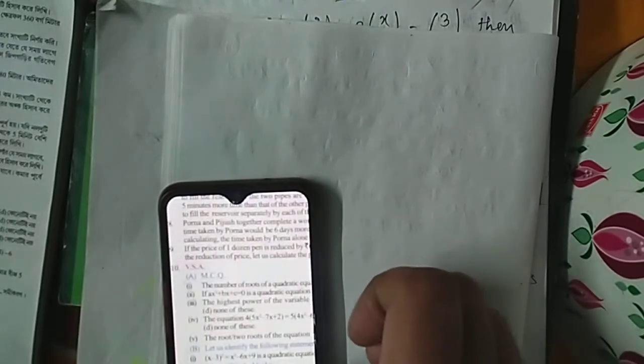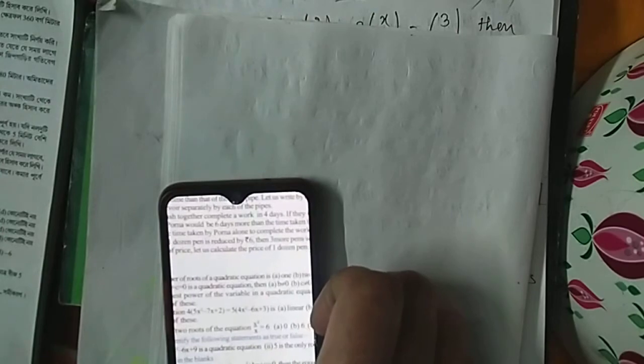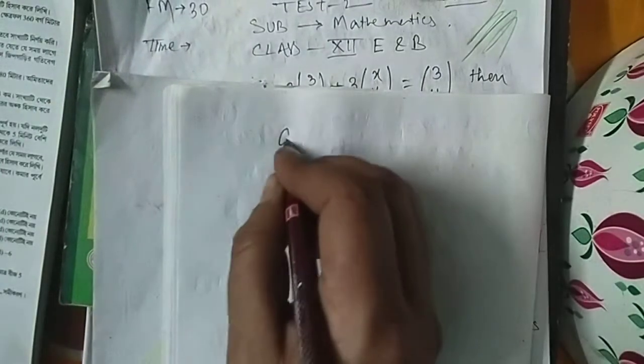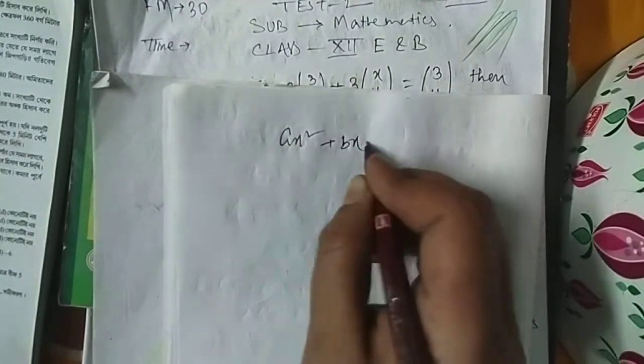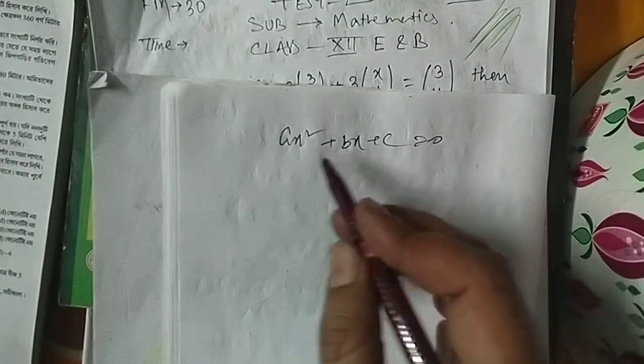And question number 2 is: ax square plus bx plus c equal to 0 is a quadratic equation when. Everyone knows that a quadratic equation means the highest power of the variable will be 2.